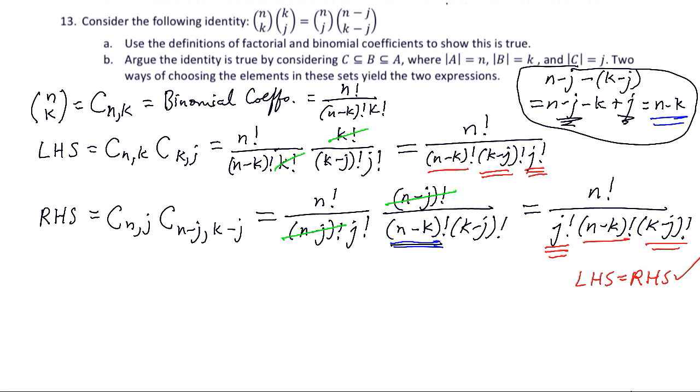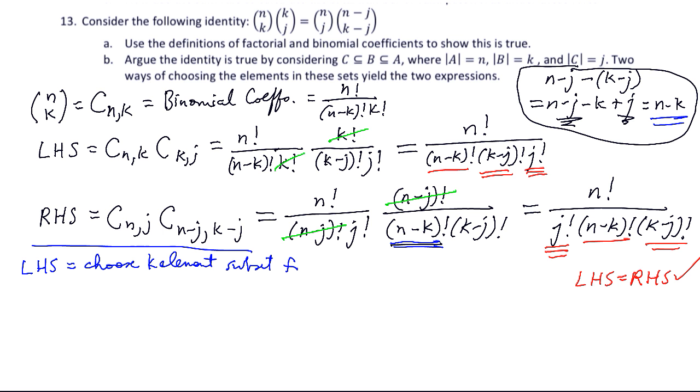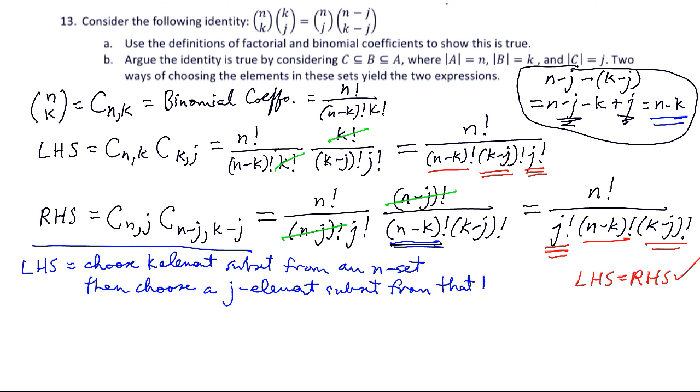And I inserted that here in blue. Okay, so what I'm going to do is I'm going to say that the left-hand side is first choosing a k-element subset from an n set. And then choose a j element subset from that k set.